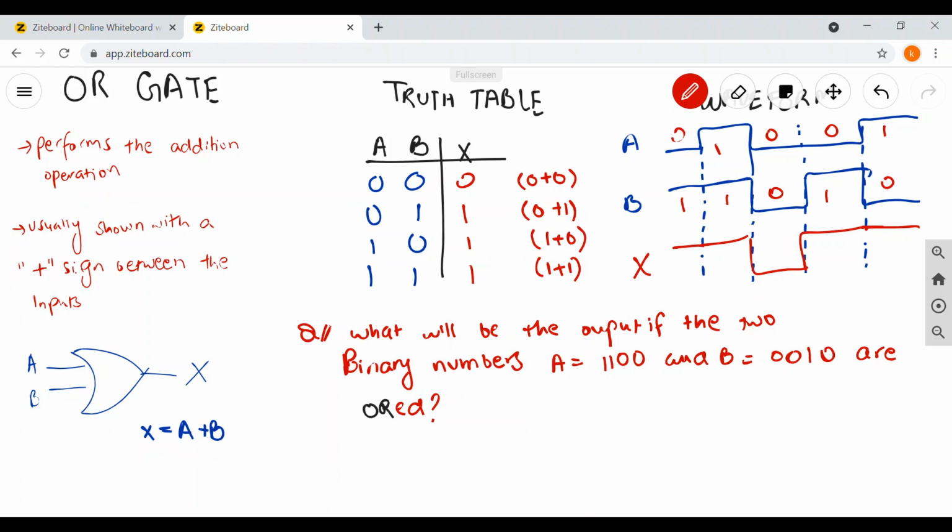Right, so we have an example question over here: if you OR two inputs, A equals 1100 and B equals 0010, what would be the output for this? So let's just try to solve this. It's pretty easy. 1100 ORed with 0010, you're going to get a 0111.